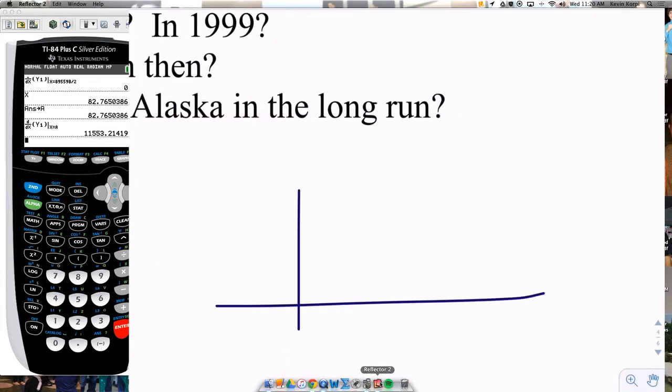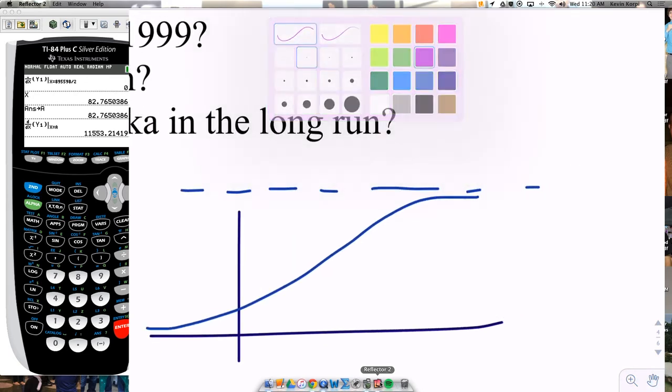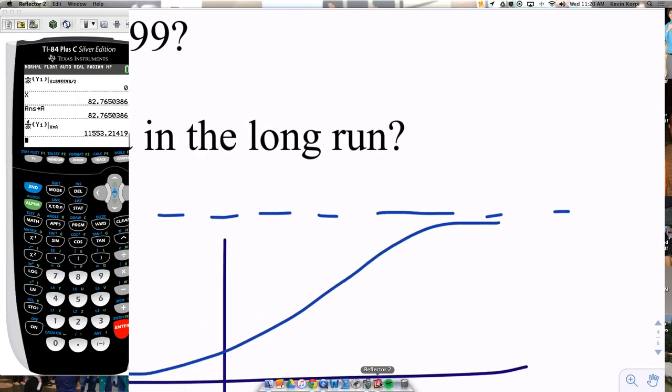But according to the model, if you have y values existing above the carrying capacity, because it does describe the end behavior, if you have values existing above that horizontal asymptote, the model suggests that the population would have to decrease. So it would be kind of a level of homeostasis. Is that right? Equilibrium. Maybe a better word.